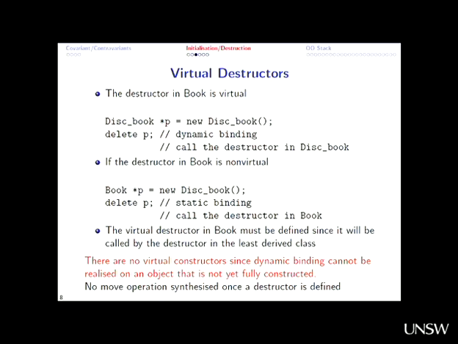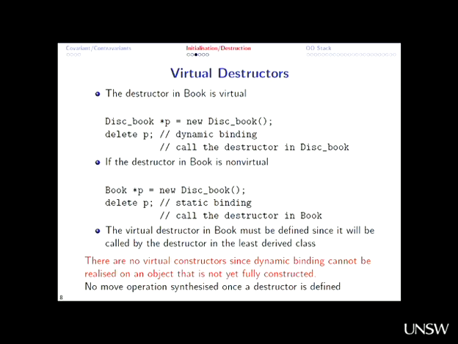Say we have a discounted book and our book class, both of which have the function net price. If the constructor inside book called net price, you don't know if it should call the net price of the discounted book, or the net price of the base book class.